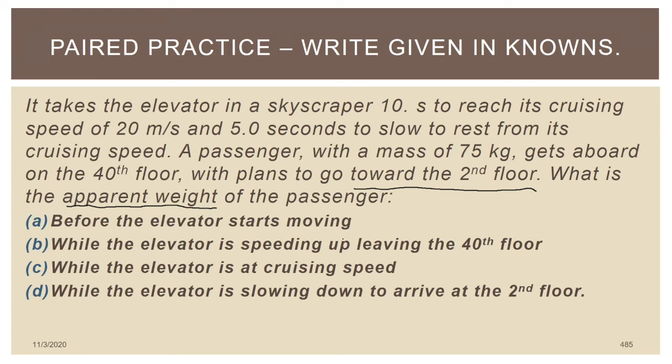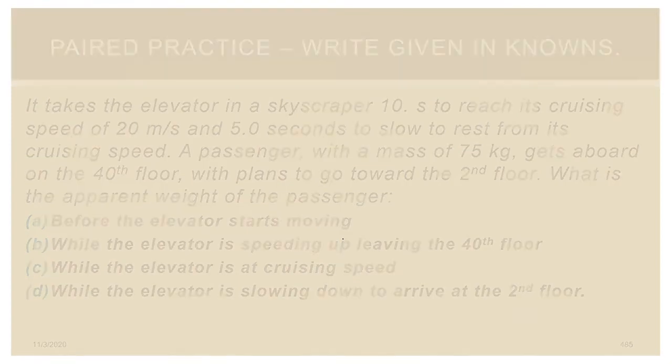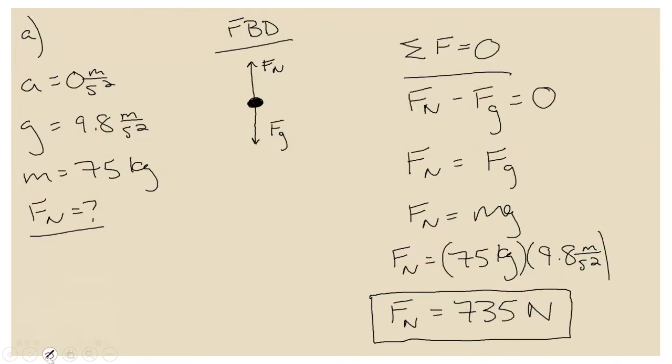And if it's not accelerating, then the net force is 0. And that means the normal force is equal to the weight, which is the same as the answer for part A. So what we're going to do here is write A plus C. And this is our answer for part A and C.